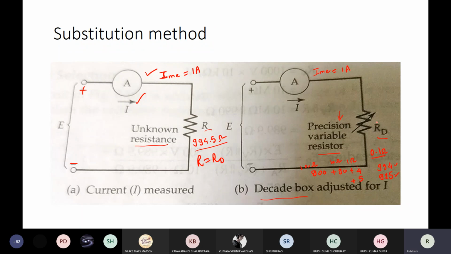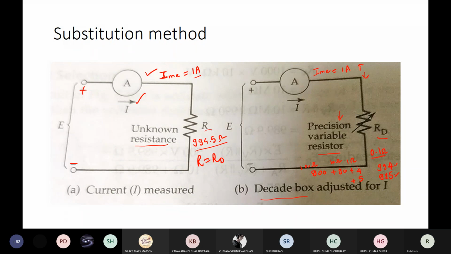See, in this case, let's say 994 is kept. When it is 994.5, it indicated 1 milliampere. For 994, it will be slightly higher than 1 milliampere. Yes, sir. When it is 995, it will be slightly lower. Right? But you don't know how much of the resistance is causing that.